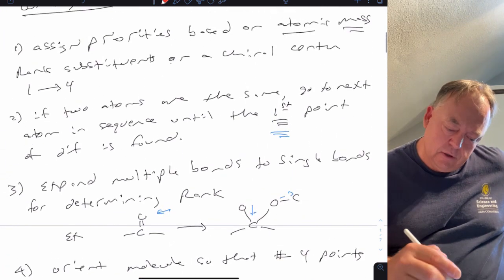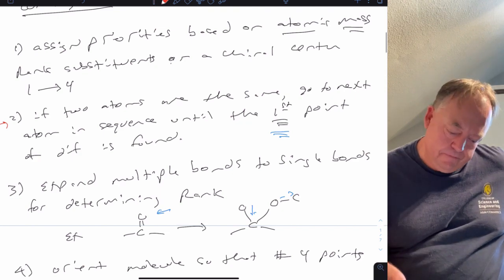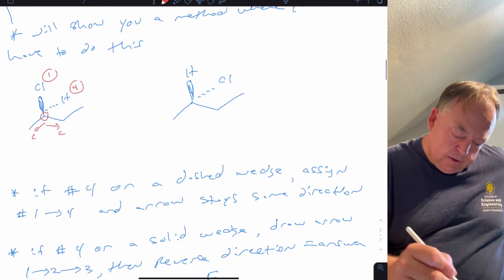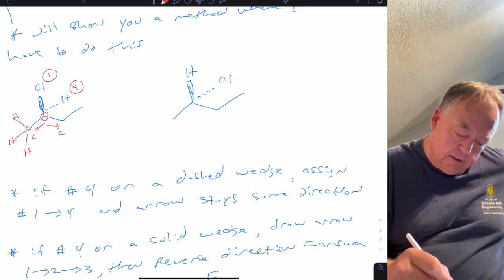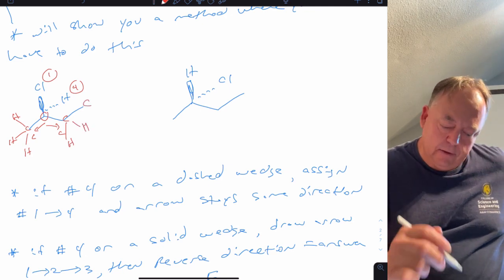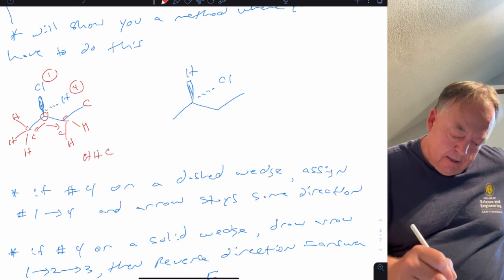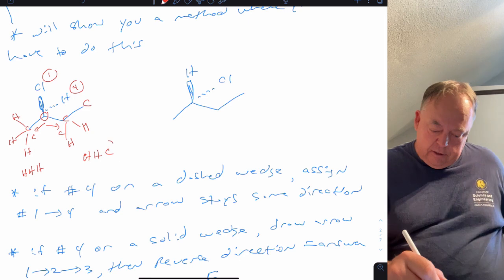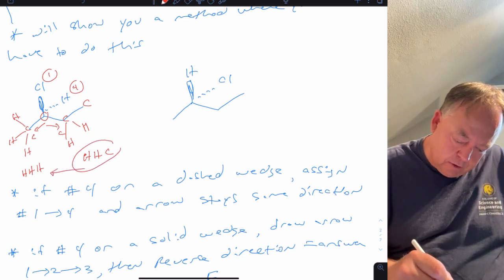This is where the second rule applies: if two atoms are the same, go to the next atom. This carbon goes to a hydrogen, a hydrogen, and a hydrogen. And this carbon goes to a hydrogen, a hydrogen, and a carbon. So the carbon on the right goes to H, H, and C, and the carbon on the left goes to H, H, and H. This would beat that. So going this way is number 2, and going this way is number 3.